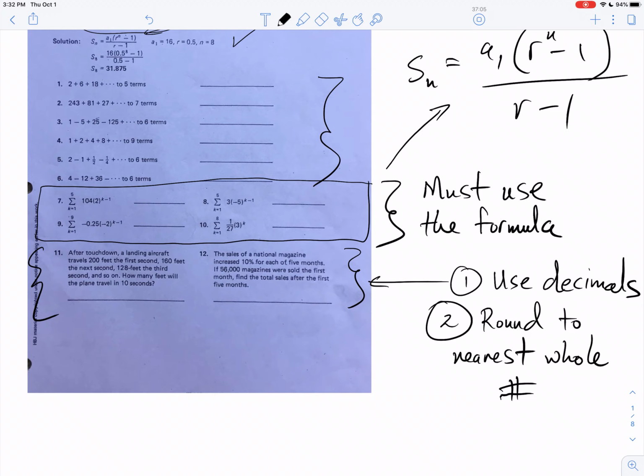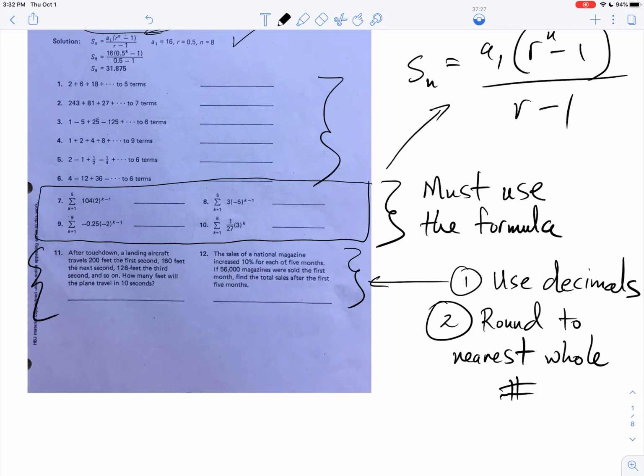All right? If you follow my instructions, the first 6, you do them any way you want. 7 through 10, you must use the formula. 11 and 12, I would use the formula. I totally would, by the way. Hint: I would round to the nearest whole number if you want your answers to match my key.